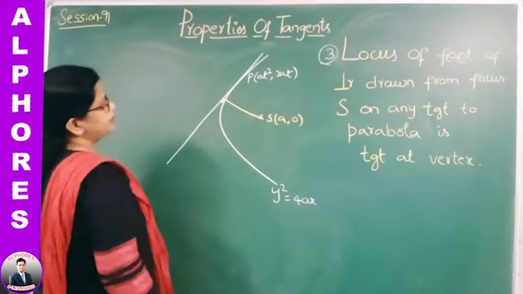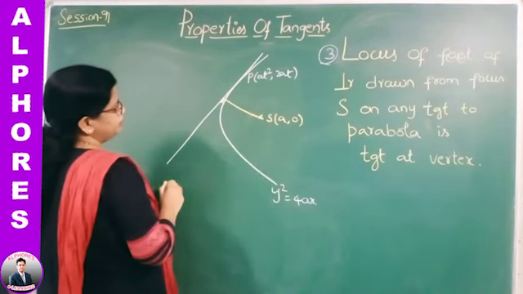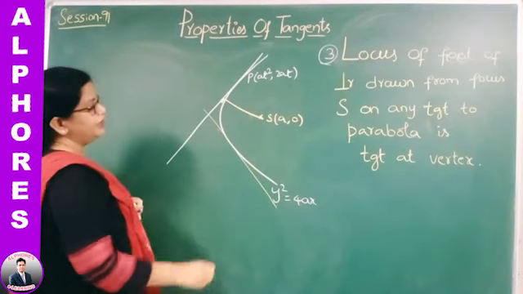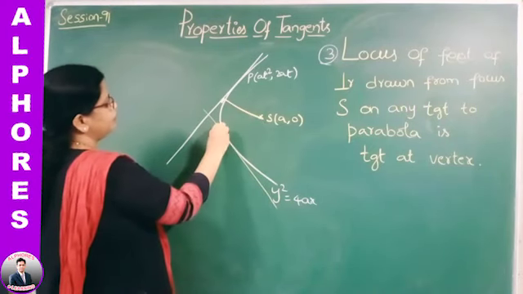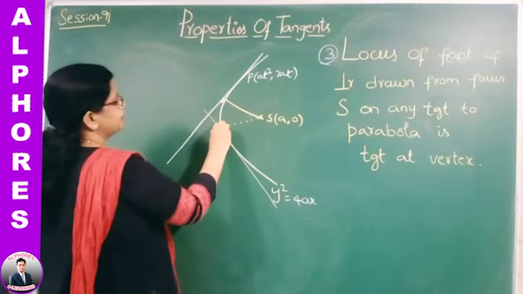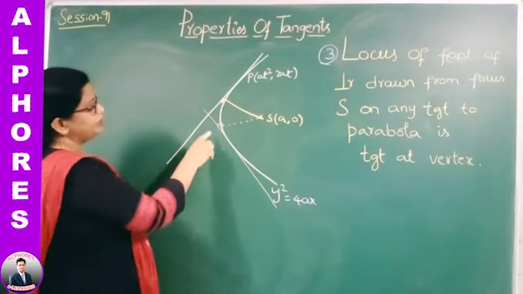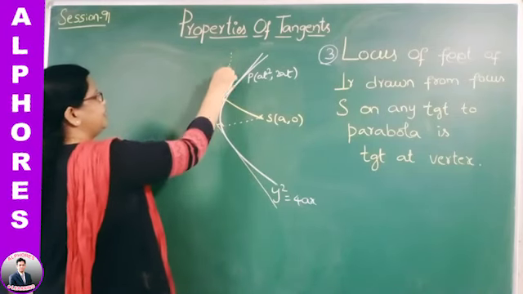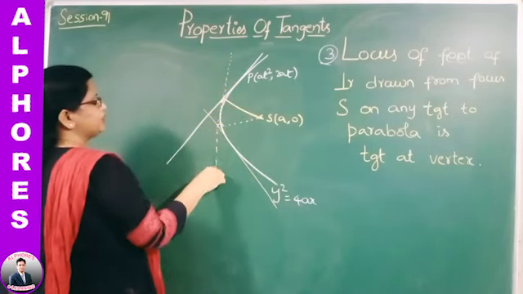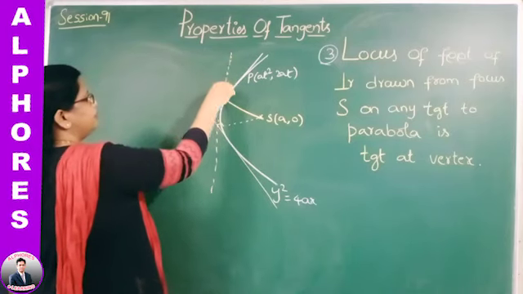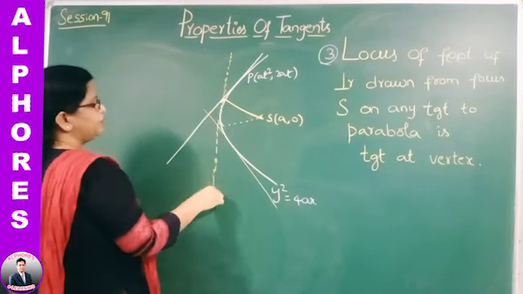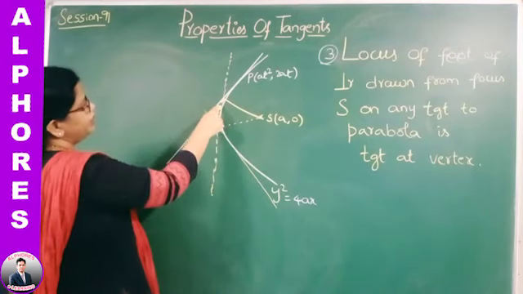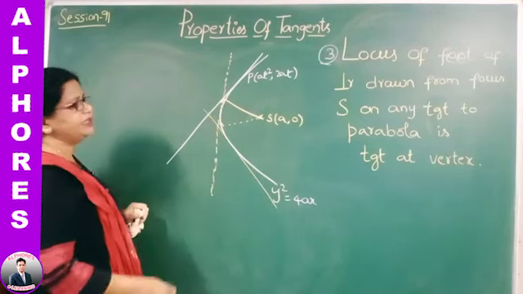And suppose I take another tangent here and take the foot of perpendicular from focus, at 90 degrees, then this point is again on the tangent at vertex. You know clearly this is our tangent at vertex. So whatever feet of perpendicular you take from focus onto these tangents, if you join those points, they are exactly on the tangent at vertex.